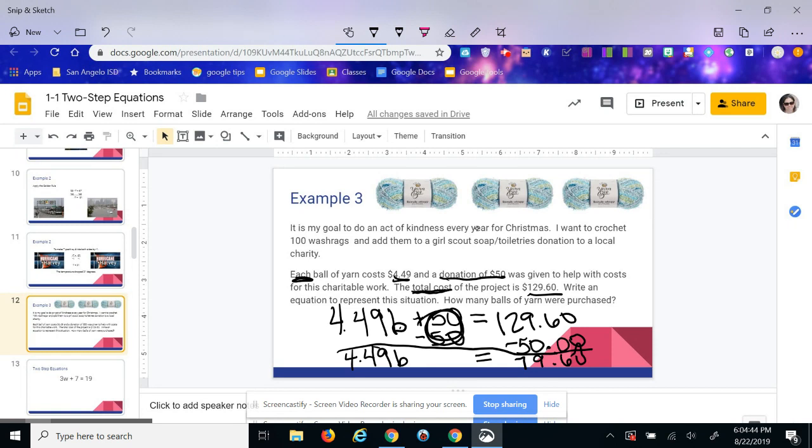Okay, now I have my variable and I'm multiplying times something. So the inverse of multiply is divide. So I want to divide by 4.49 on both sides.